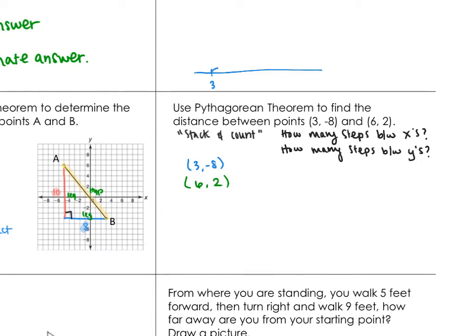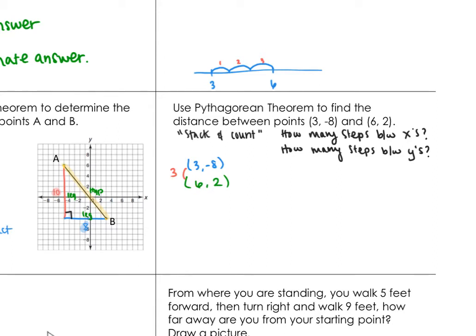So that's 3, 4, 5, 6. So that would put us at 6, and we took 1, 2, 3 steps. So the distance between 3 and 6, or the distance between those x values, would be 3. If we were to graph this, the number of boxes on a graph between 3 and 6 would be 3.